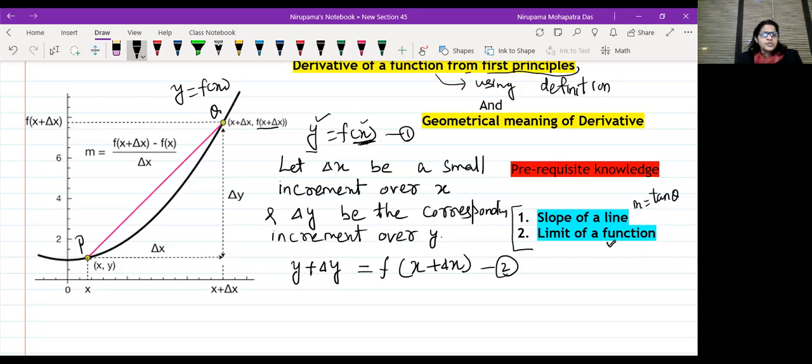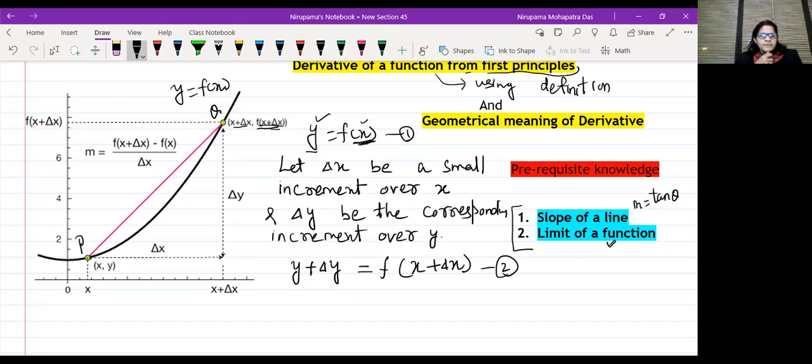After the change, we have two different positions. Let this point be x plus delta x, and this is y plus delta y, or you can say f of x plus delta x. Now PQ is the secant line, or you can say chord.